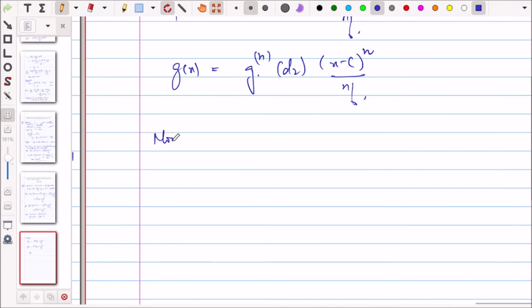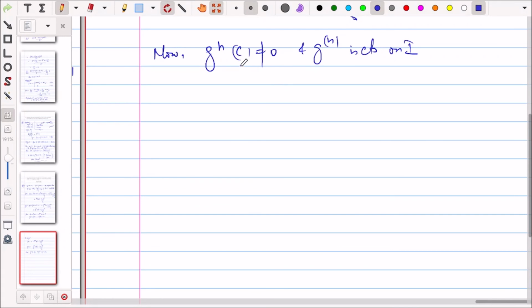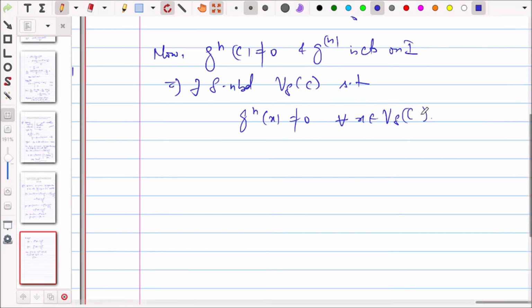Now g^(n)(c) is not equal to 0 and g^(n) is continuous on I, so there exists a delta neighborhood V delta of c such that g^(n)(x) is not equal to 0 for all x belonging to V delta of c.